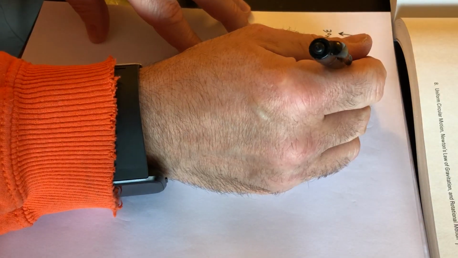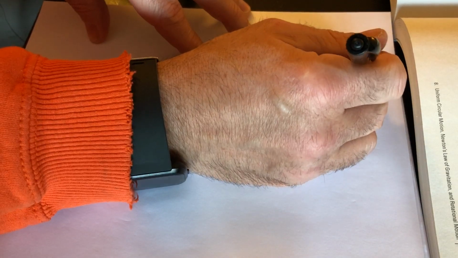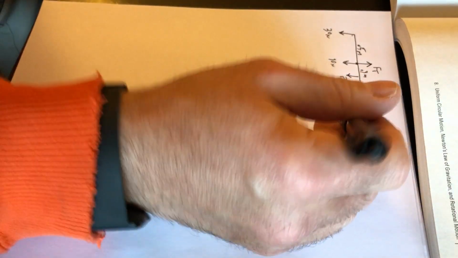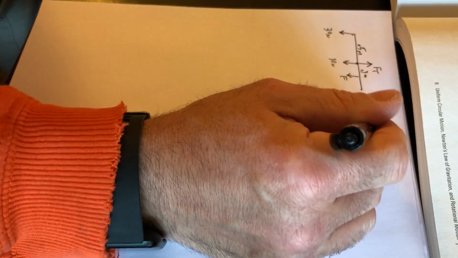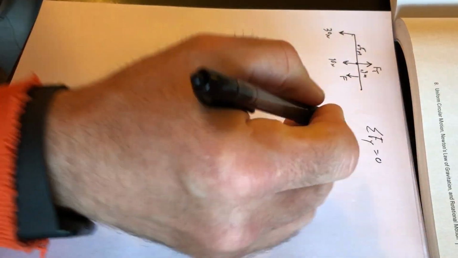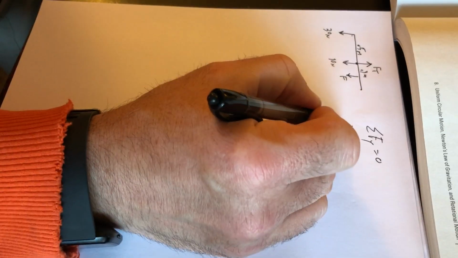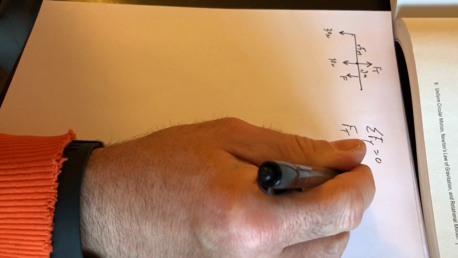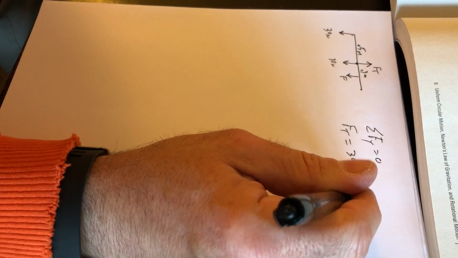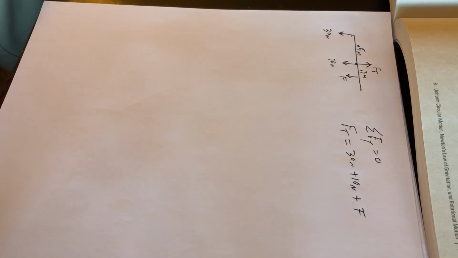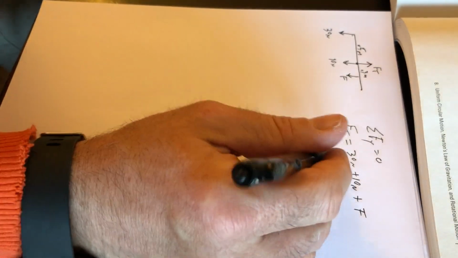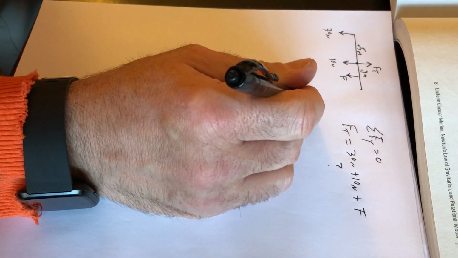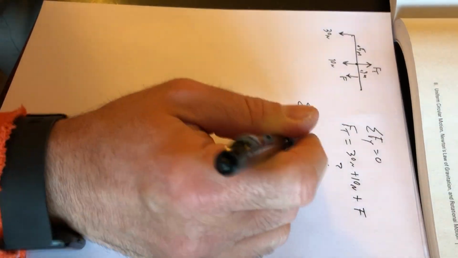It's at 0.5 meters, and then we have this unknown force here that's at 0.3 meters. You cannot solve it with the sum of the forces in y, but just to show you, I'd have force of tension equals 30 newtons plus 10 newtons plus the unknown force. So I have 2 unknowns, so I have to do the sum of the torques.